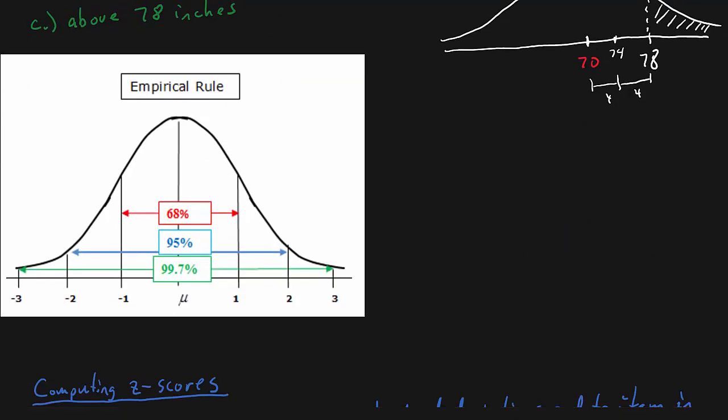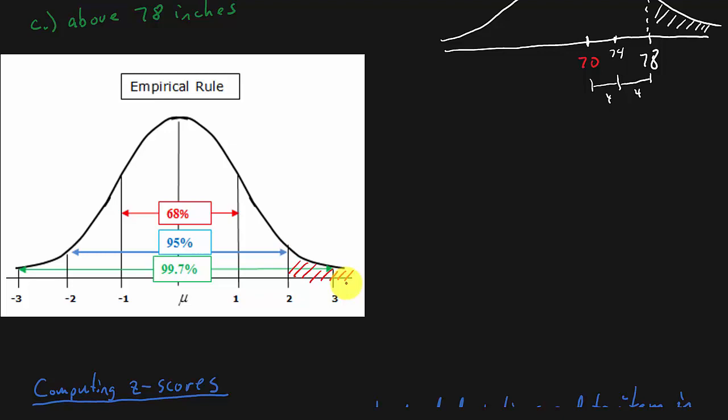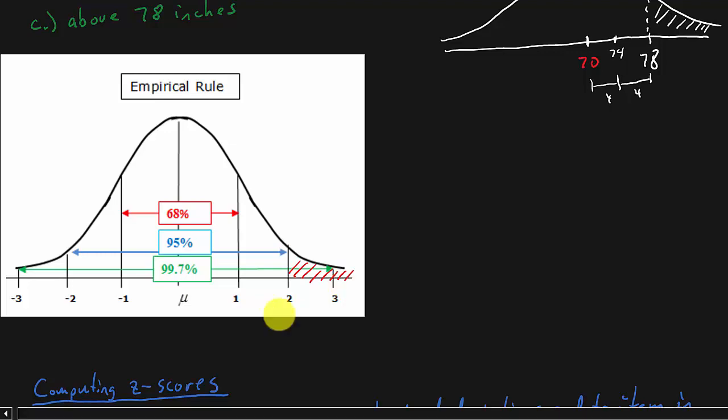And so if we look at this, we're actually looking for what? This area right here. I hope that makes sense. Okay. All right. So basically the area that we're looking for is this area right here, and that's all we need. Okay. That's it.